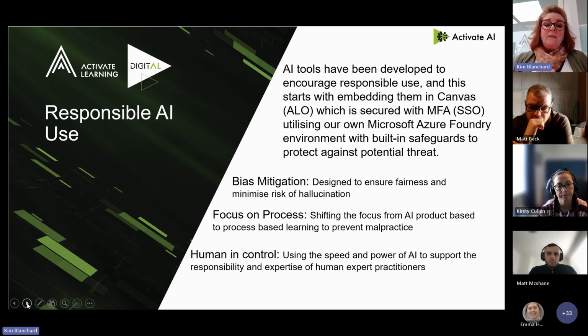We can write in and make sure that our prompts mitigate for bias. We focus on the process, so we stop talking about product. We talk about how we are processing with AI and making sure that we prevent malpractice. And again, really importantly, that the human is in control. That AI is part of the toolkits that we use with Activate Learning Online, our Canvas platform.